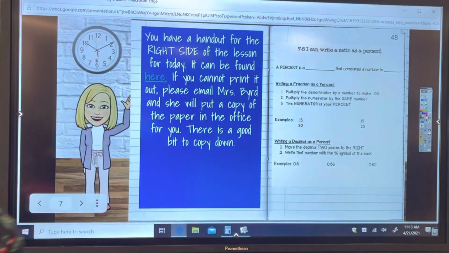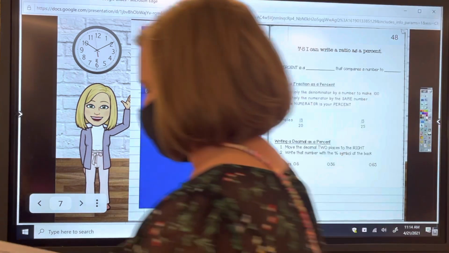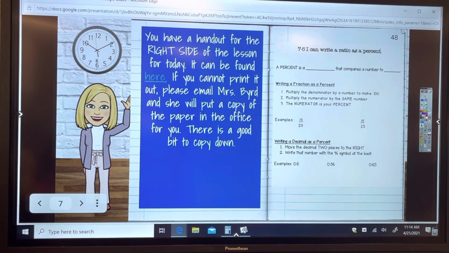Then we're going to go over this. Is Josh the only one we're missing today?